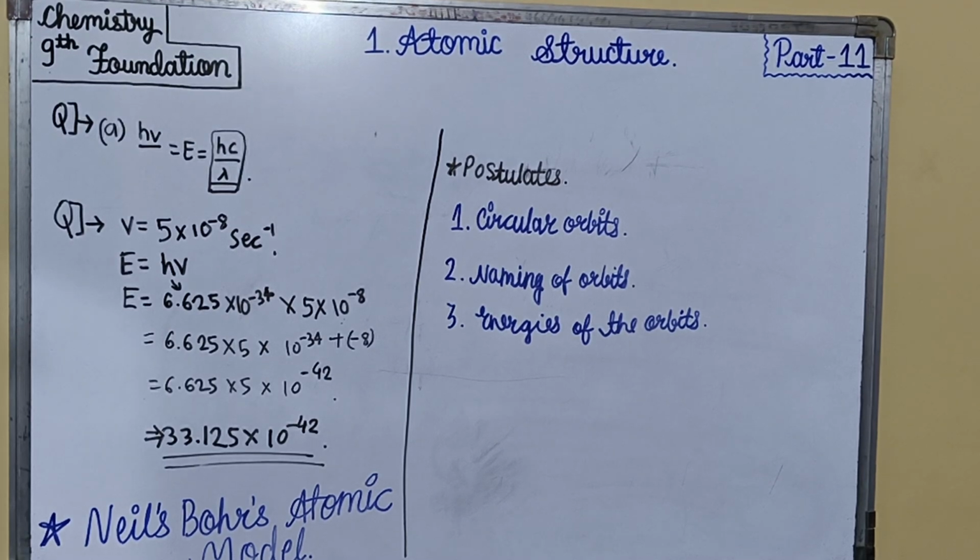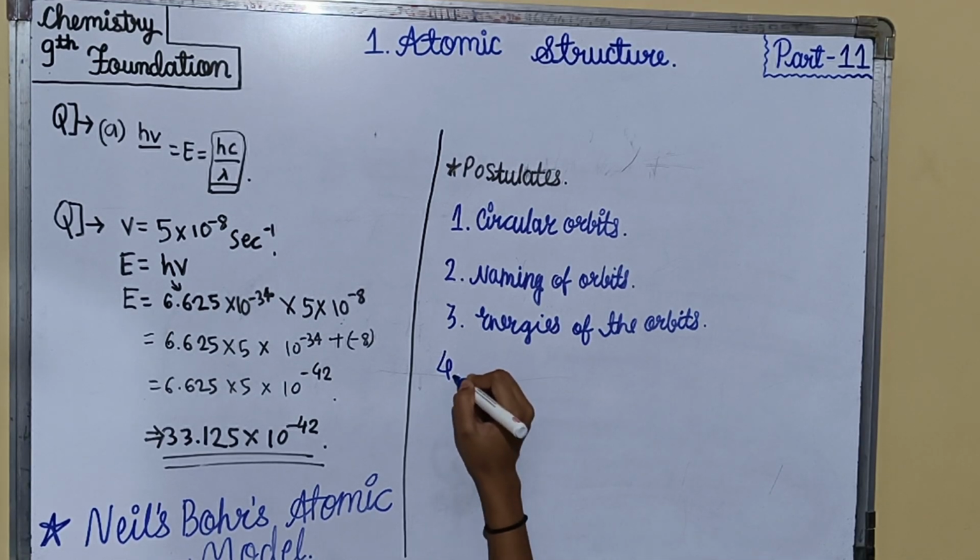Hence, energy of orbits K is less than L, L is less than M, and M is less than N, and N is the greatest. This means the electron in K shell has less energy compared to L shell, and so on.